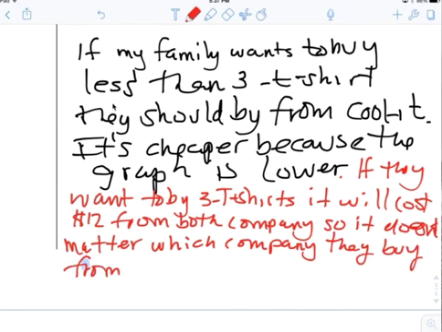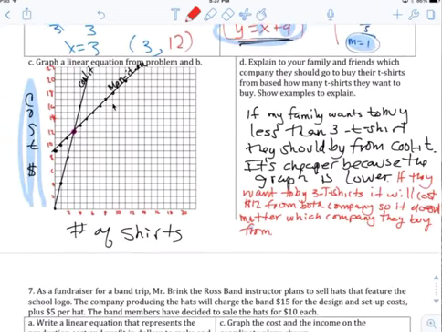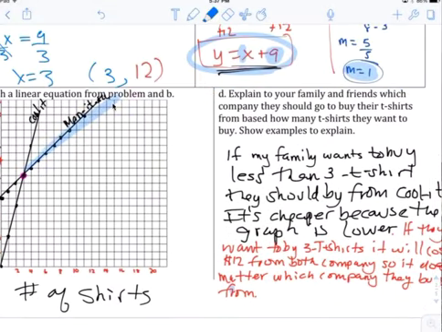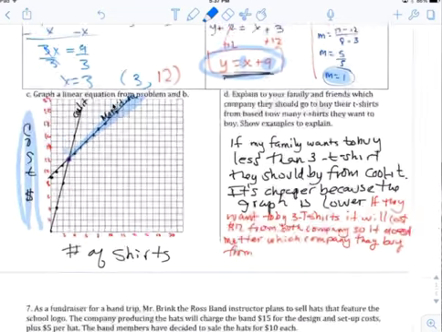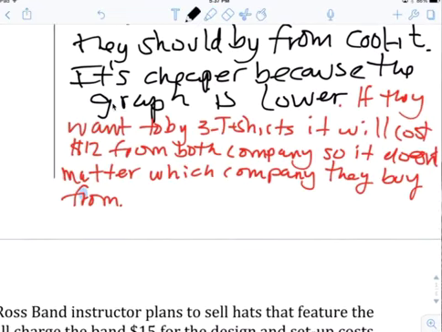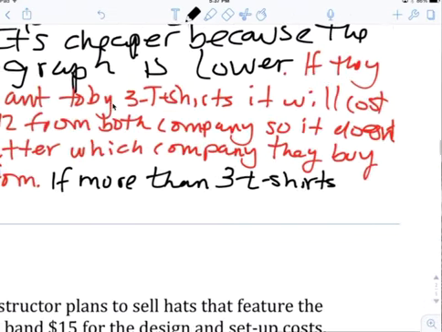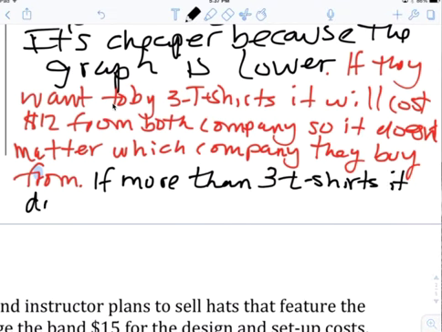Okay, so for any amount of t-shirts more than 3, they should buy from Man It All because it's a lower graph than Cool It. If more than 3 shirts, it does matter.